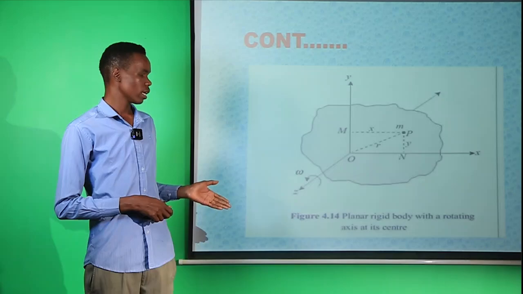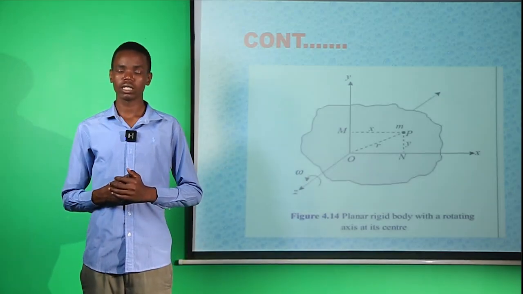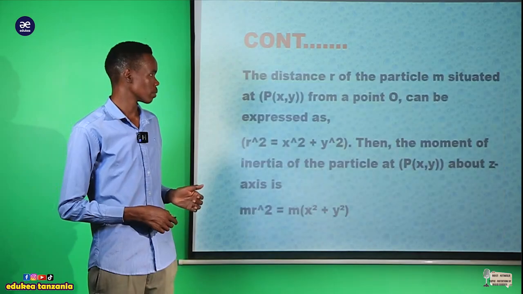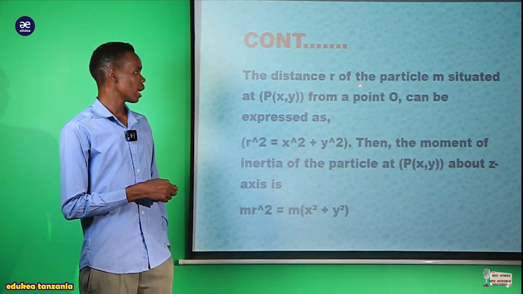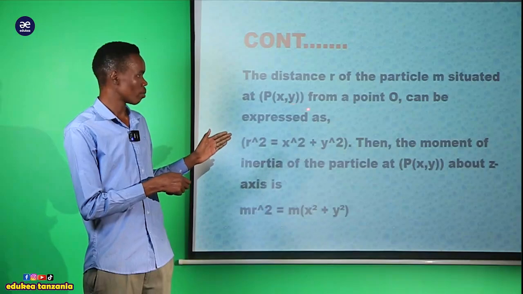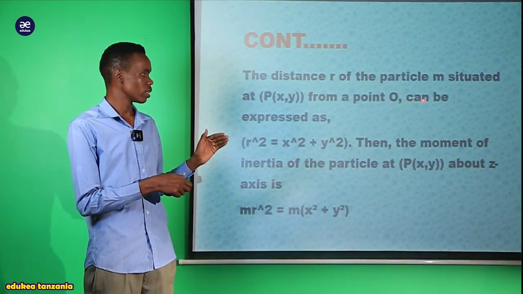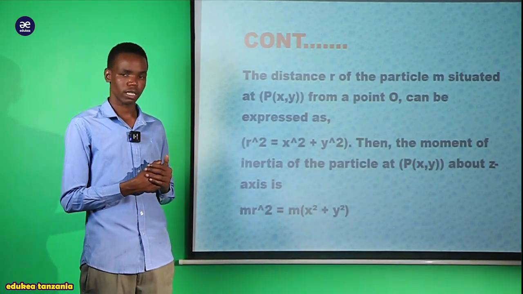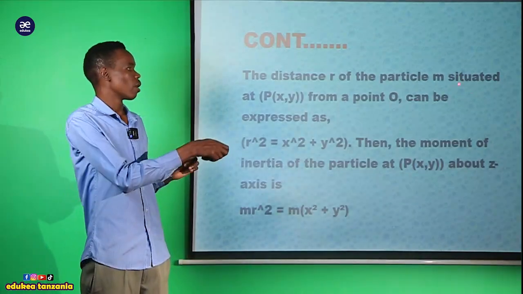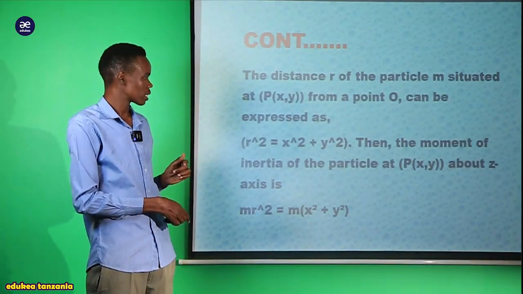So my dear student, this could help us to get the moment of inertia for the perpendicular axis theorems. The distance r of the particle m situated at P(x, y) from a point O can be expressed as this one. Kwa tuweze kupata distance of the particles which is situated at the point x, y.